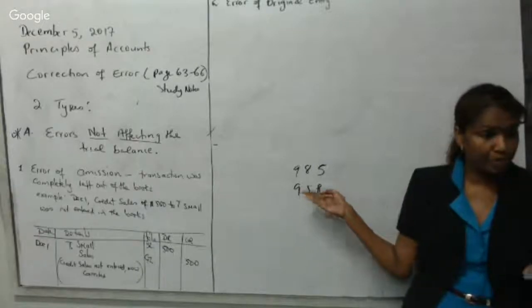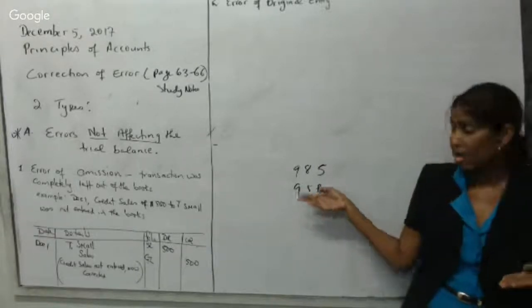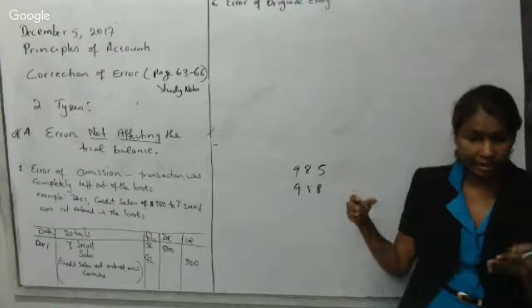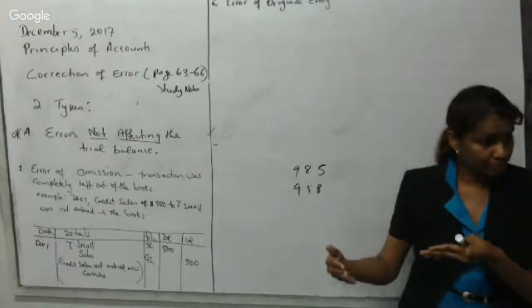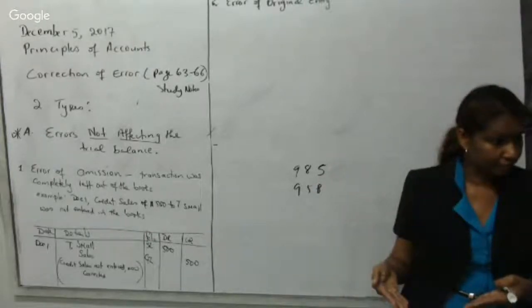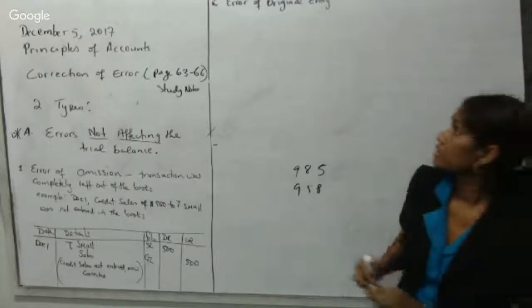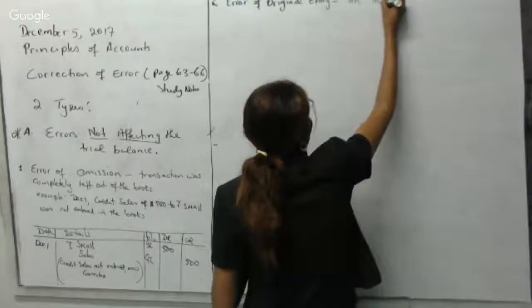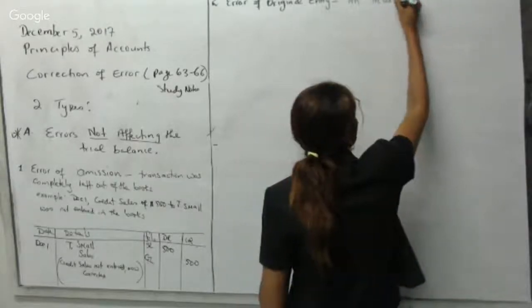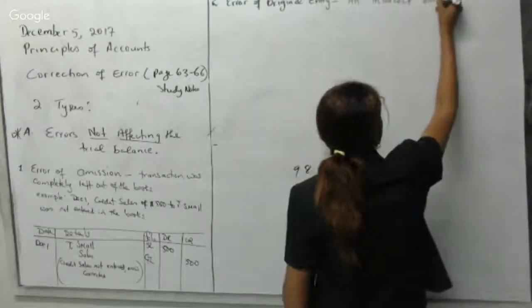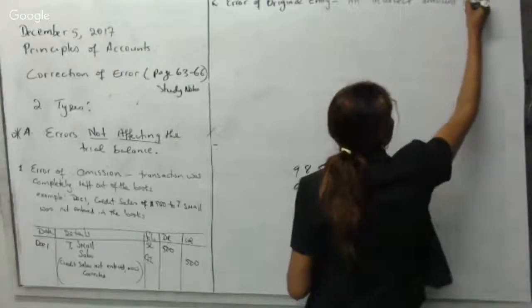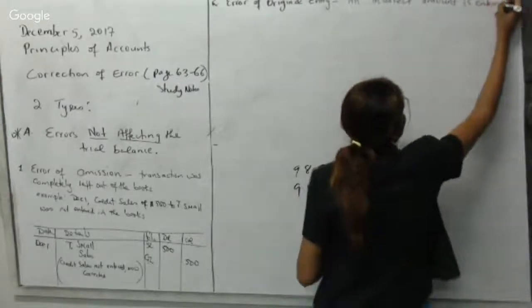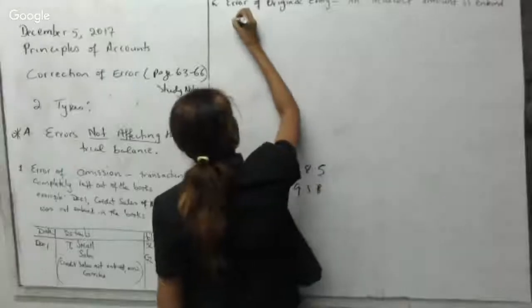You can't know whether you should debit or credit to make the correction until you know if you've added too much or you've added too little, right? So an error of original entry is where an incorrect amount is entered in the books.